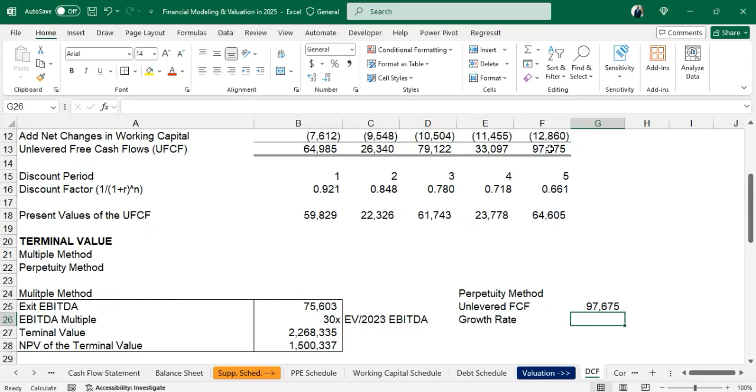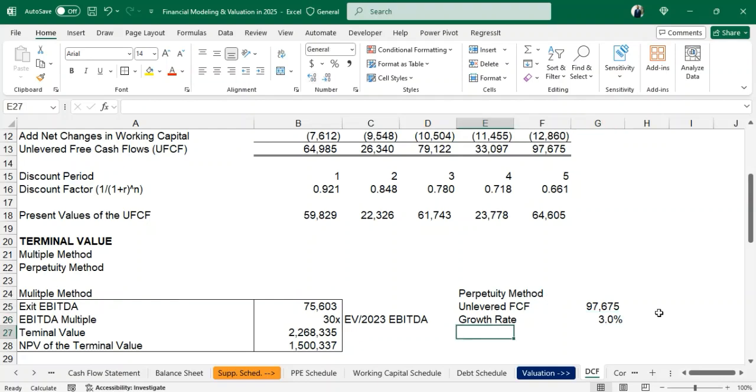Okay. So typically for matured businesses like Amazon, we can use a rate between 1 to 4%. It shouldn't be more than 4%. All right. But for other businesses that are fast growing, we can use some 5 or 6%. All right. So we are going to use 3% for this particular one right there. So let me increase it to 1 decimal.